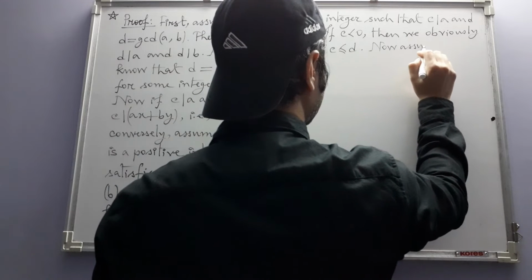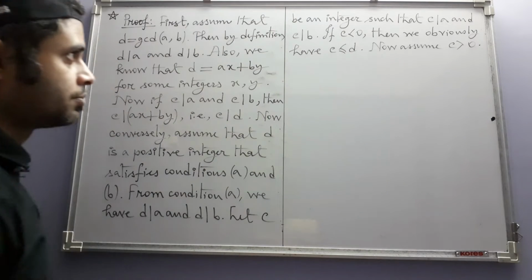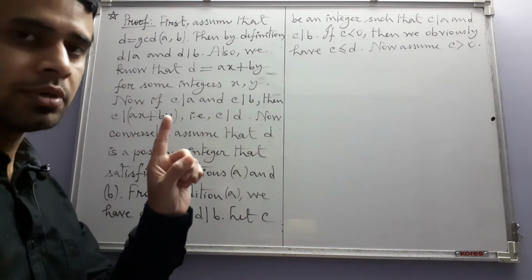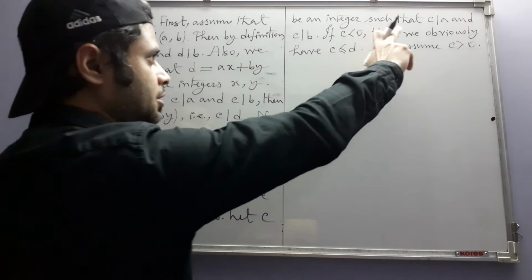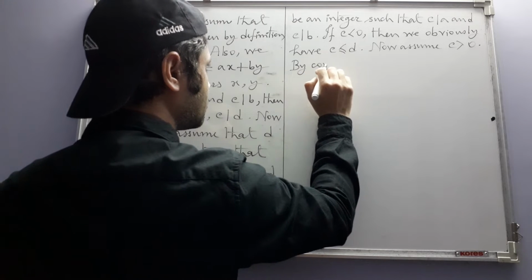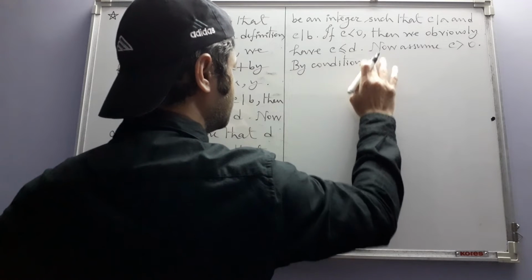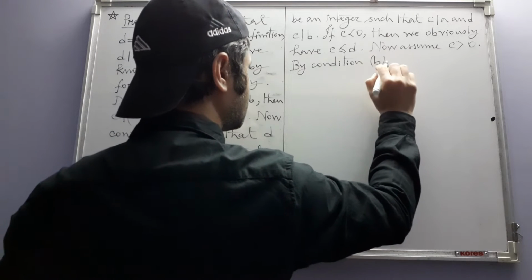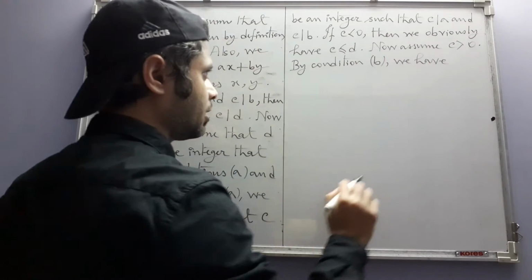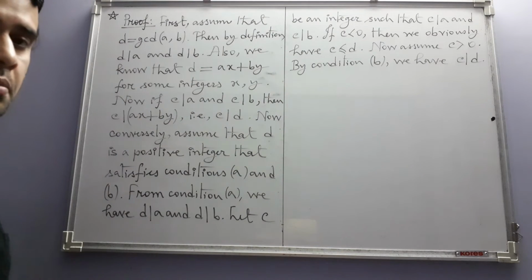Now assume that C is positive. Now because condition B is satisfied by D and C divides A and B, so we have this. By condition B, we have this.